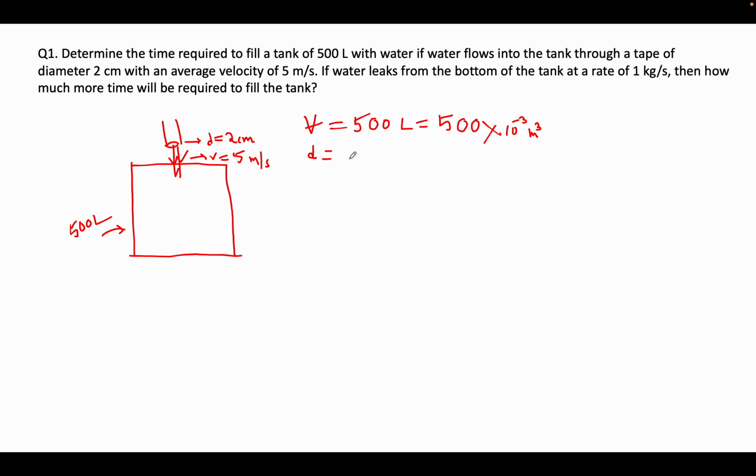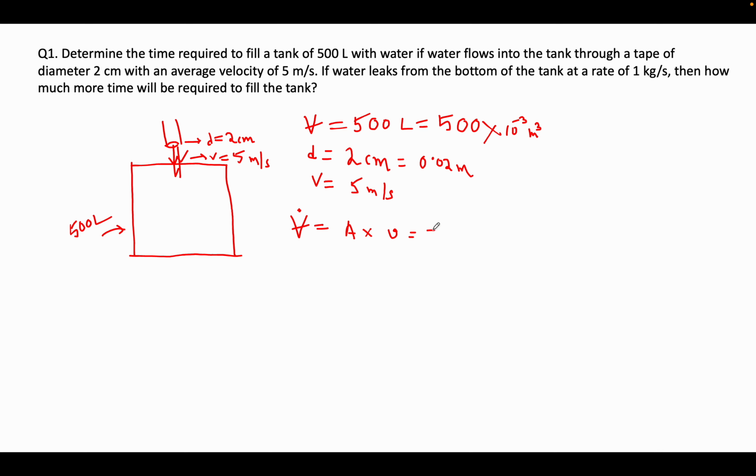Okay, the diameter is given as 2 centimeter, and this is 0.02 meter, and velocity is given as 5 meter per second. So we will first calculate the volume flow rate, that is V dot, which will be equal to area into velocity.